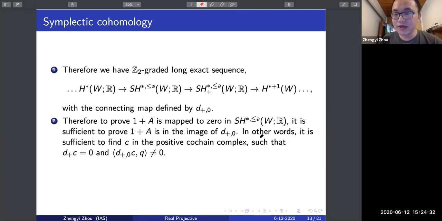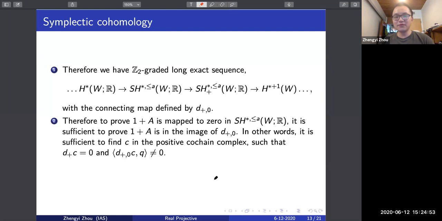And in other words, basically what we need to show is we want to find a positive cochain complex class C, which is a closed class, and D+0 C paired with Q, which represents the unit 1 here, is non-zero.